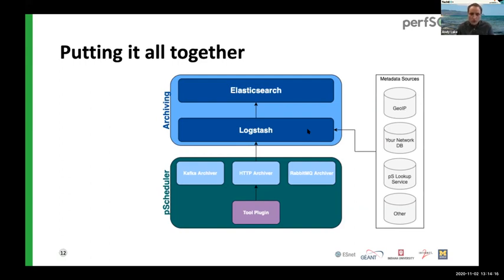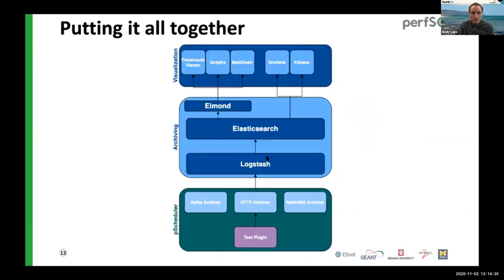Or if you want to do a central archive, right? Elastic's got some pretty good horizontal scaling properties. You can do that centrally, and the archivers can send to remote Logstash, or Logstash could be local and send to remote Elasticsearch. But the idea is we'll be able to bundle those things together and replace stuff. So I think this is a better diagram of that.